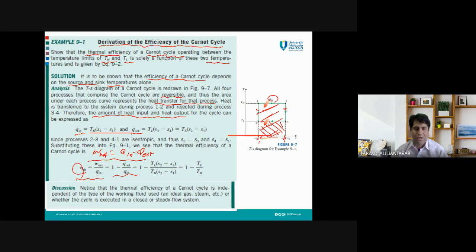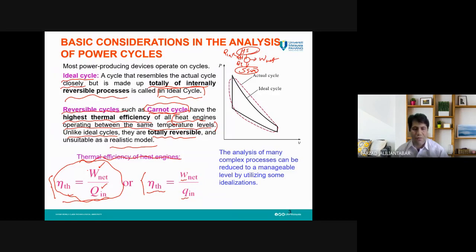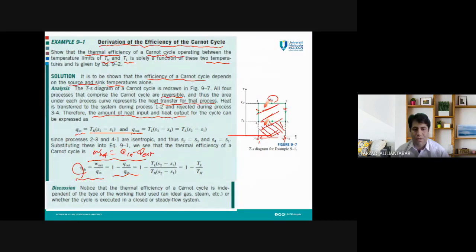The general equation, as I mentioned earlier and as you know from thermodynamics, is W net divided by Q in. Here we don't have W net, but W net is equal to Q in minus Q out. If we substitute this in our equation, it is converted to 1 minus Q out divided by Q in.